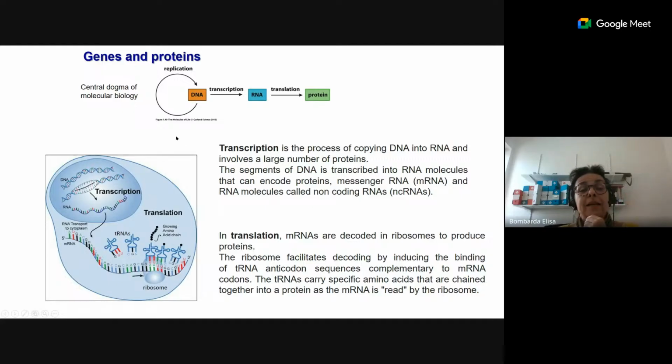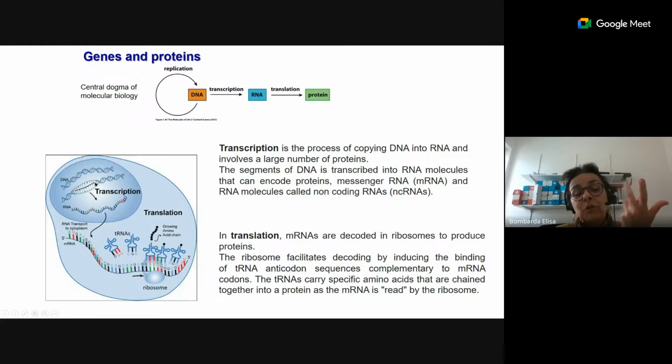And so, to make a complex story simple, the first step is transcription, where the message included in the DNA, written with the alphabet of the DNA, will be transcribed.